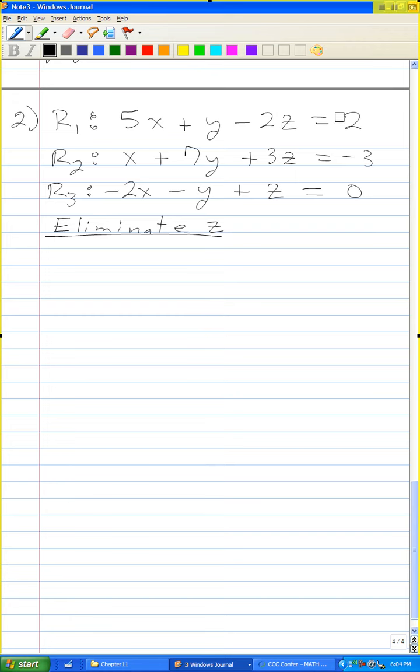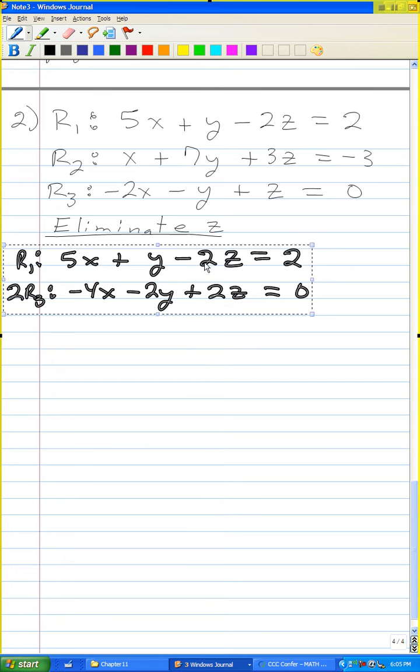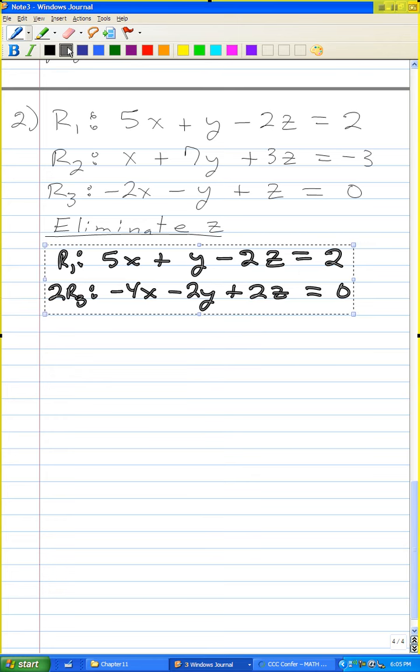So let's keep the first equation, 5x plus y minus 2z equals 2. And let's multiply the third equation by 2. Negative 4x minus 2y plus 2z equals 0. And add. If I do that, actually let me move this over slightly so I can show you my plus sign. And so let's add.